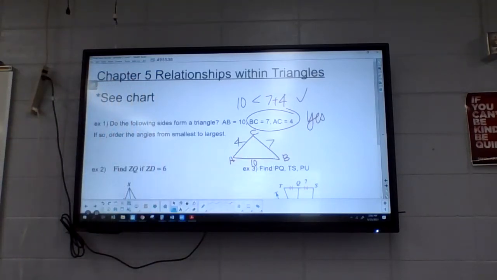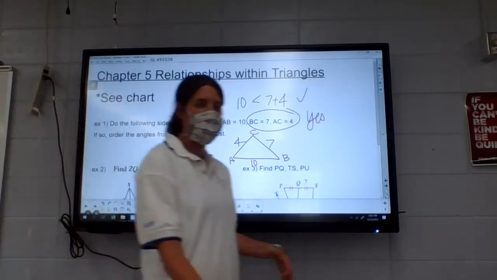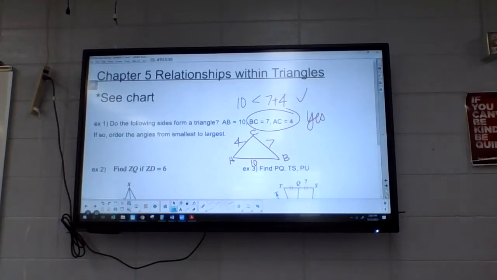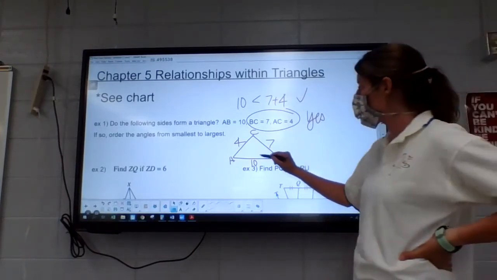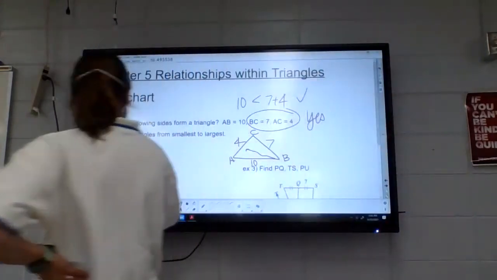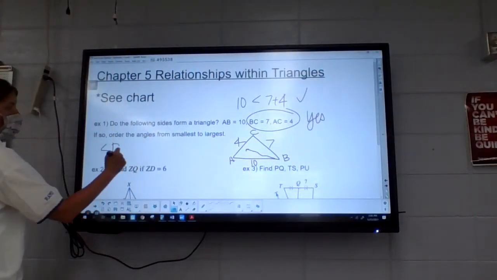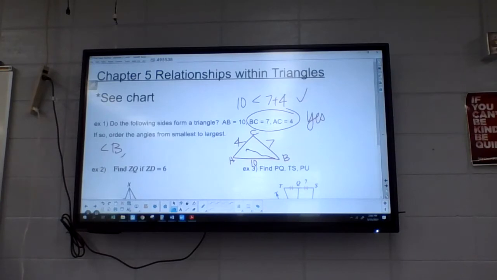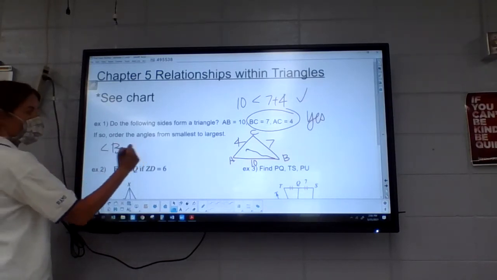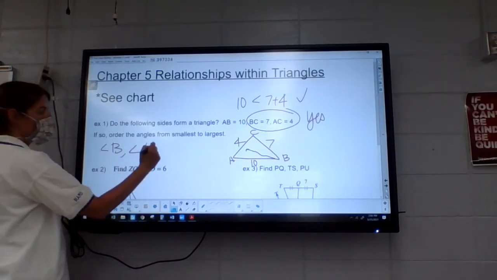Now, based off the side length, I should know what the smallest angle is and what the biggest angle is. Which one's the smallest? B, because it's across from the 4. Angle B is the smallest. Then next would be A, and then finally C.